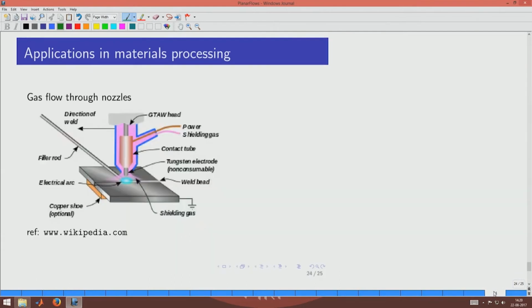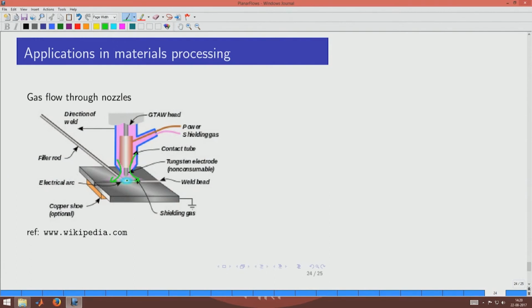So, here is another metallurgical situation where we have a welding setup. Okay. So, here we have a welding torch, a plate that is being welded, and the torch is going to move from the left side to the right hand side, and the liquid metal is at the center, and to protect the liquid metal from getting oxidized by the ambient air, we have a gas shroud. So, the gas is going through these and it is going to have a shroud around the liquid metal to protect it.